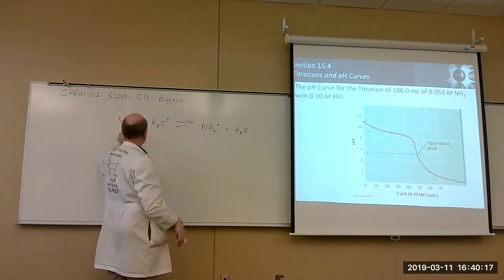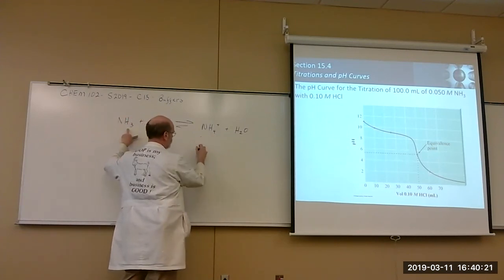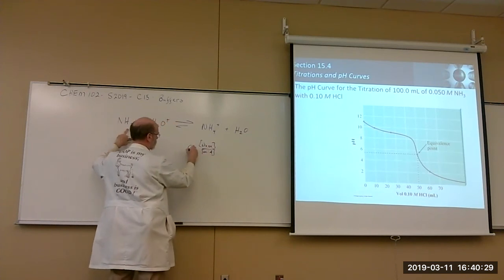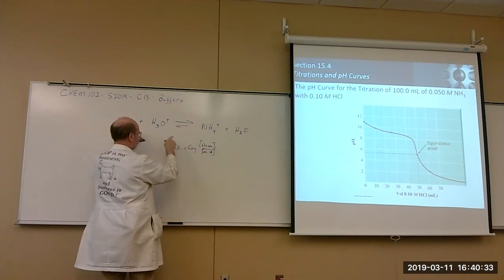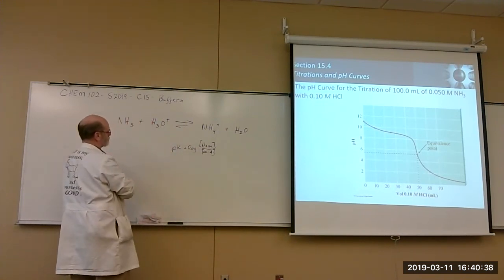This is our base, this is our conjugate acid, and then you would have base over acid in our Henderson-Hasselbalch equation. You need the pK for the reaction with water.